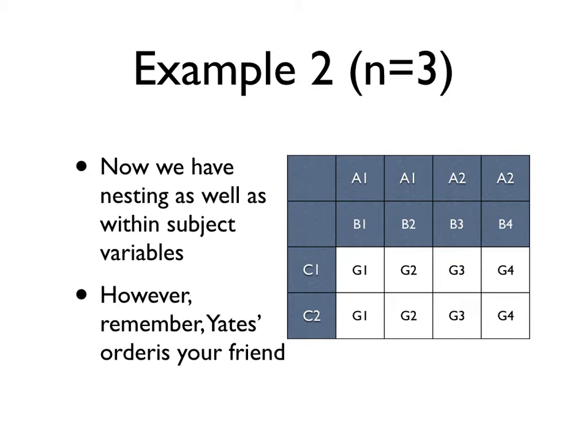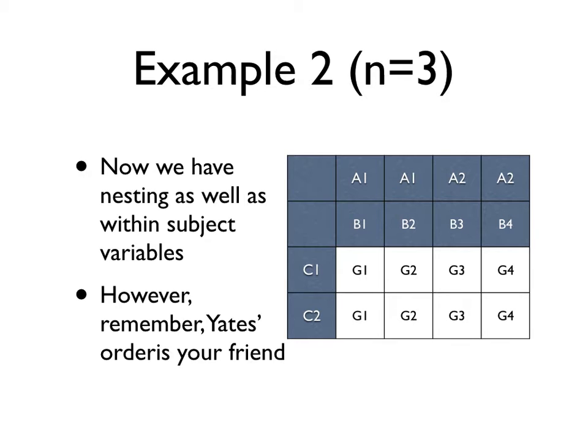Anyway, back to where we were. B is nested within A. Different levels of B occur within different levels of A. You can talk about A on its own. You can't talk about B on its own. Right? Look at that.